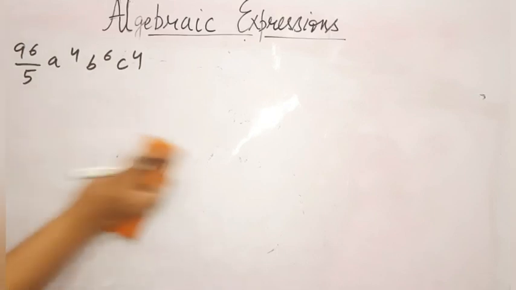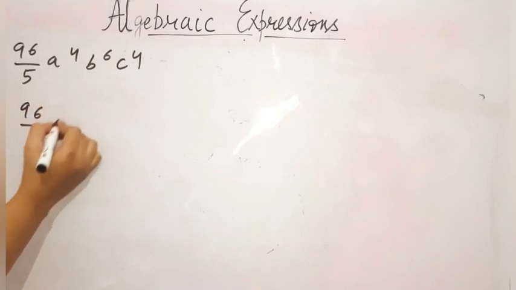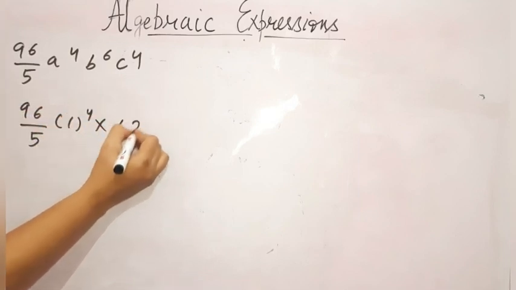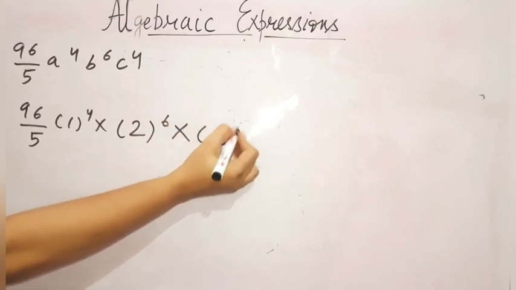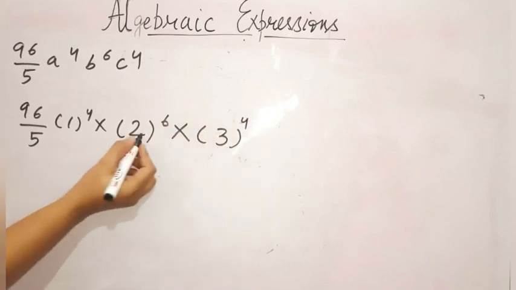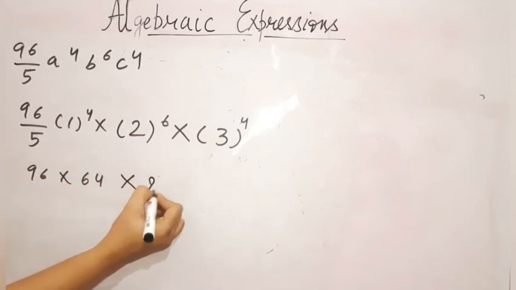Now placing the values of A, B and C in this expression, what was the value of A? It was 1, so 1 to the power of 4, 2 to the power of 6 and 3 to the power of 4. So 2 to the power of 6 is 64. 3 to the power of 4 is 81.